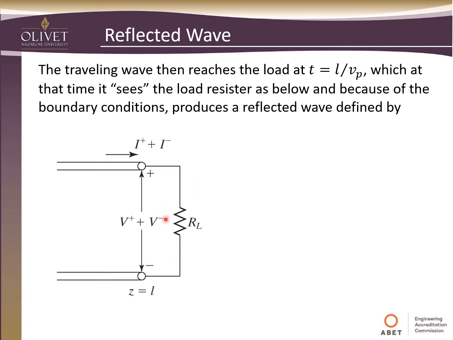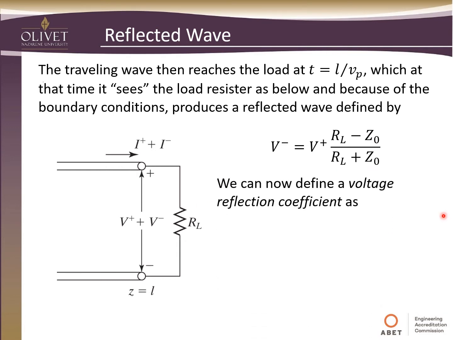All right, so again, that produces this reflected wave. We can calculate the reflected wave by using this ratio. V minus, the voltage reflected, is equal to V plus, our voltage originally transmitted, times (R_L minus Z naught) over (R_L plus Z naught). Again, this is simple circuit analysis.